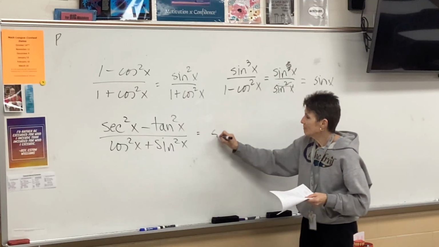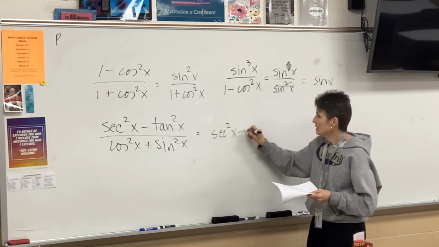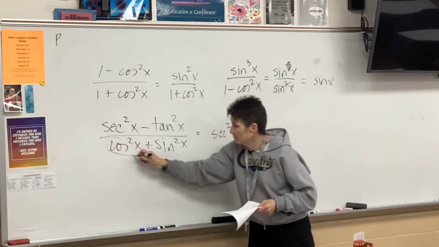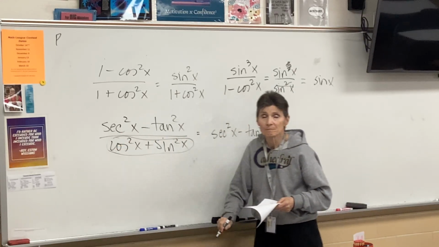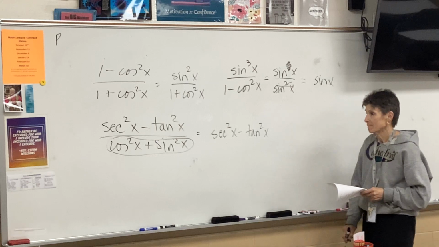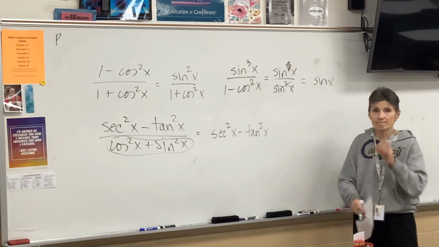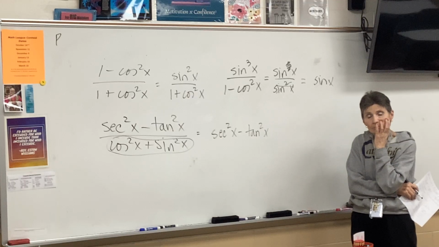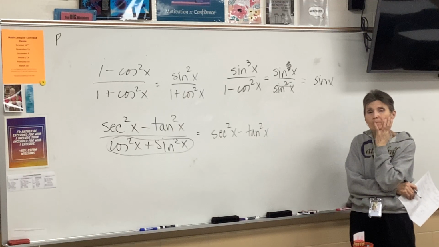So we have secant squared minus tangent squared. That's all I have right now because this just makes 1. Let's look at our sheet.